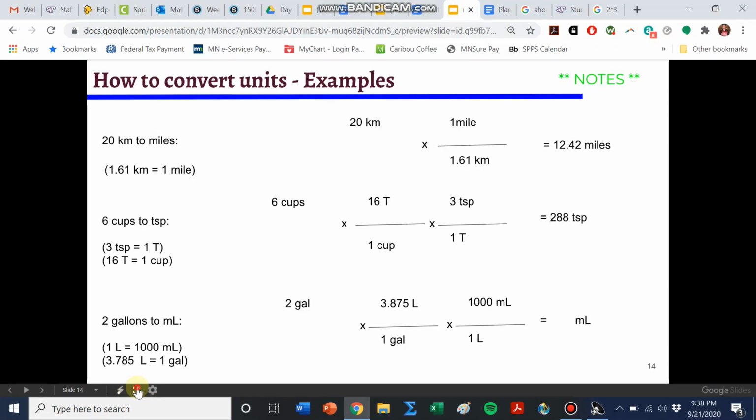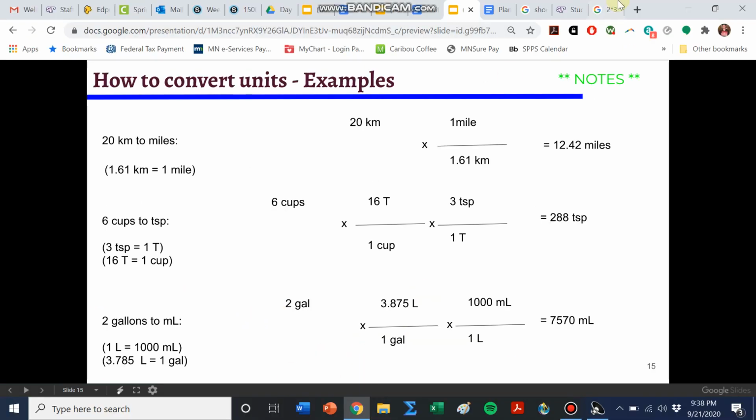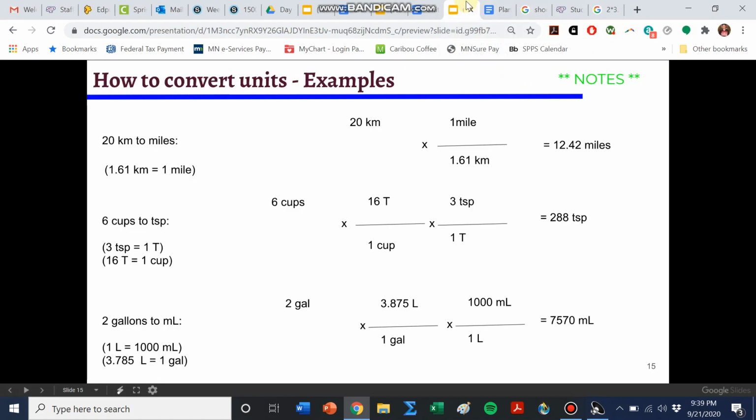I got too many tabs open. 7,570. Did I make a mistake typing it in? Nope, this is just the wrong number.